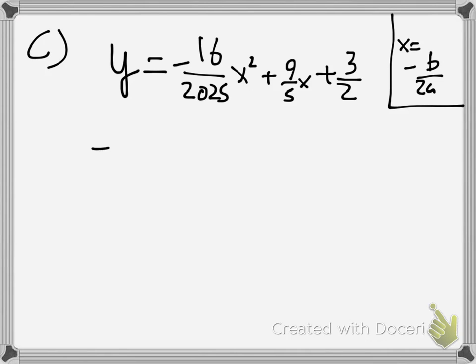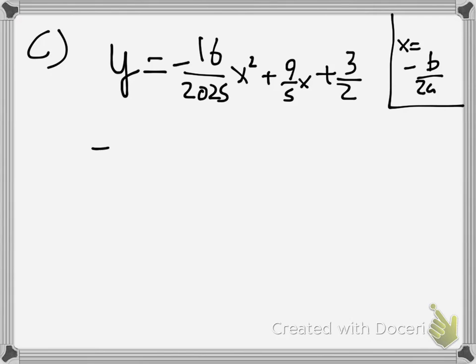We find out what a, b, and c are from the function, from the greatest to the lowest power. So negative 16 over 2025 is a because it has x squared, 9 over 5x is b because it's the second greatest, and 3 over 2 is c because it's the least.